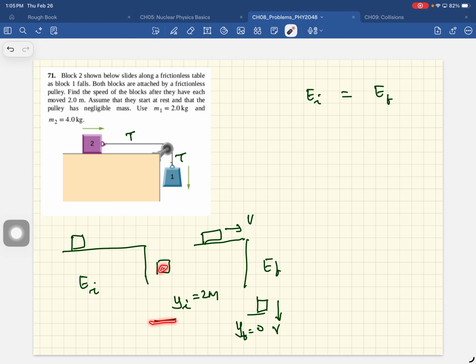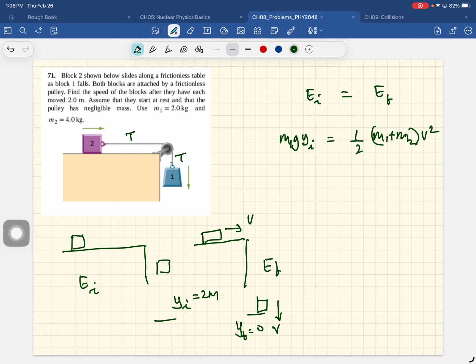For this guy, we're taking this as the reference height. So essentially, M1 G Y initial, since only this guy's potential energy is changing. His initial potential energy shows up as the kinetic energy of both those guys, because they're both going at the same speed. Did you guys understand that?